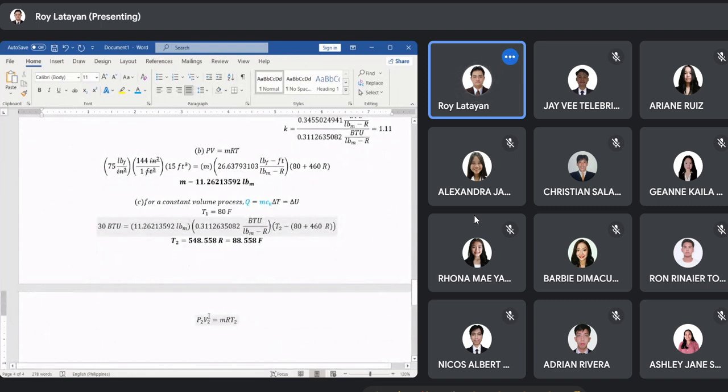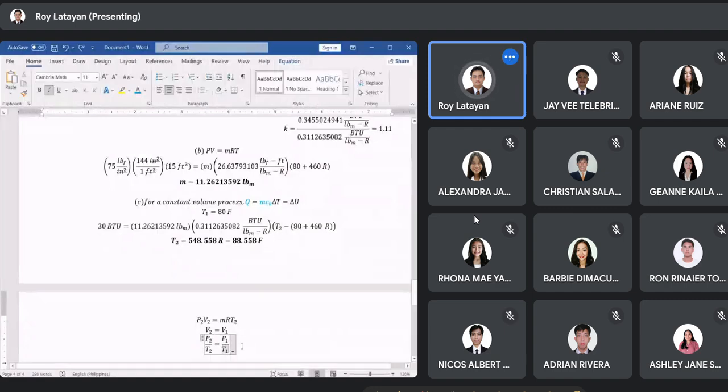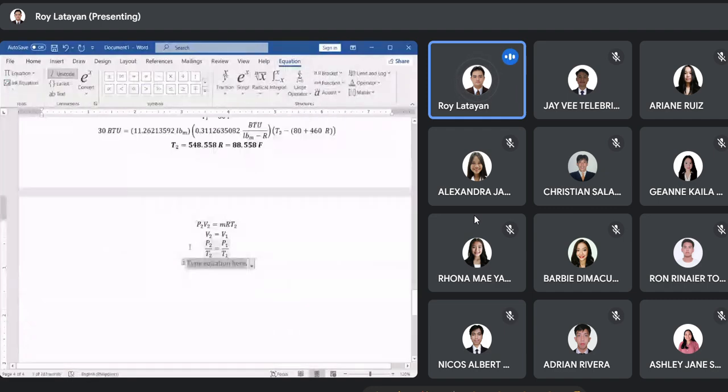So, yun ay K lusak. Hindi ko tanda kung alin yung may, uh, let's use the latter na lang. So, ito, yung ideal gas law. So, P2 is 88 point, hindi, 54.558 Rankine.